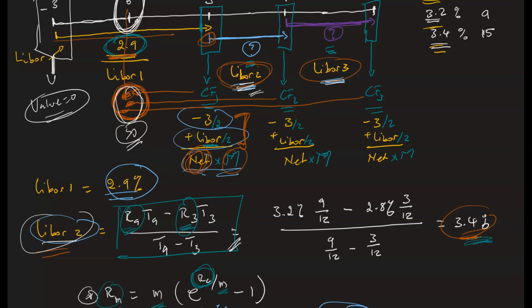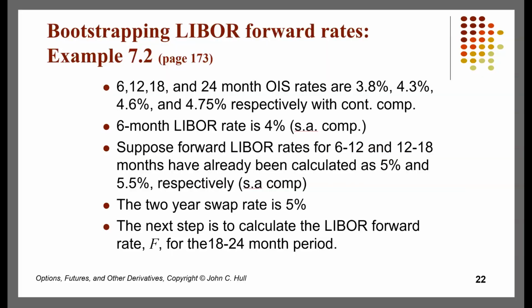The method that we're going to be using here is the bootstrapping method. You remember bootstrapping. It's a method that we used to generate our zero curve a couple of units ago. And we're going to be using a similar method here in order to estimate the LIBOR forward rate with this example that we have here.